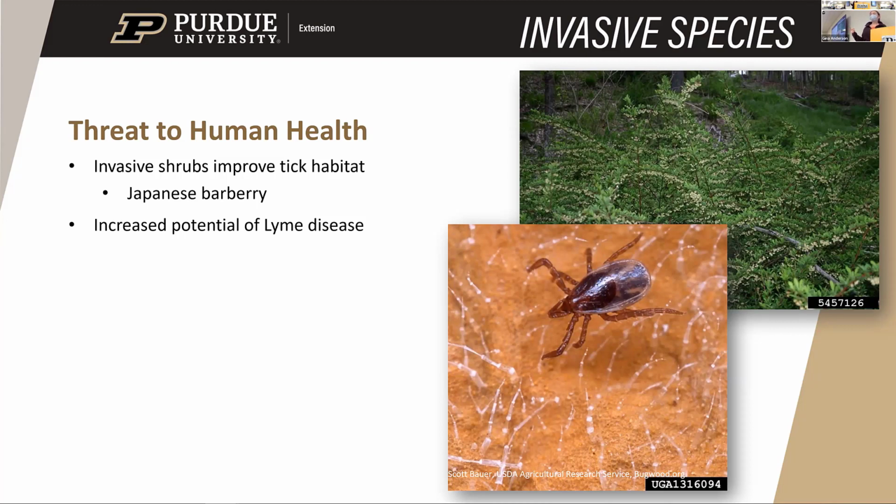When we have an increase in mice and ticks, we have an increase in Lyme disease. So we would prefer to keep the Japanese barberry under control, since none of us really enjoy picking ticks off of us. I have a friend whose son already had a tick on him this year. If we can reduce the Japanese barberry population, we can start to control the habitats for the mice and the ticks.